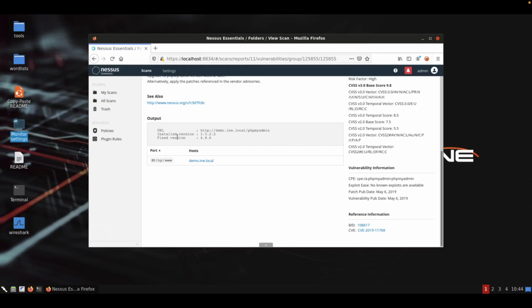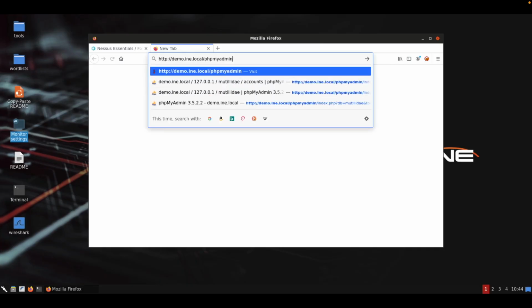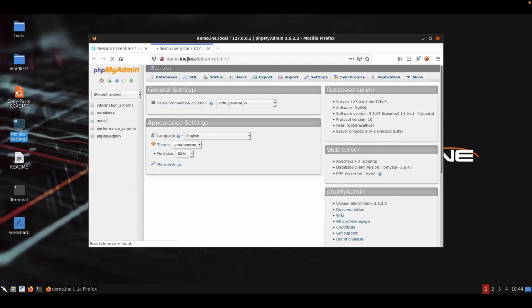So back in this environment, Nessus makes it easy for us. It gives us the URL. It says demo.ini.local/phpmyadmin. So if we visit that page, which we didn't have to log in or anything, we just put that in, it gave us access.